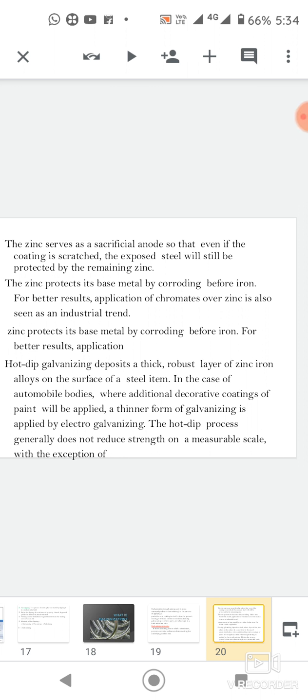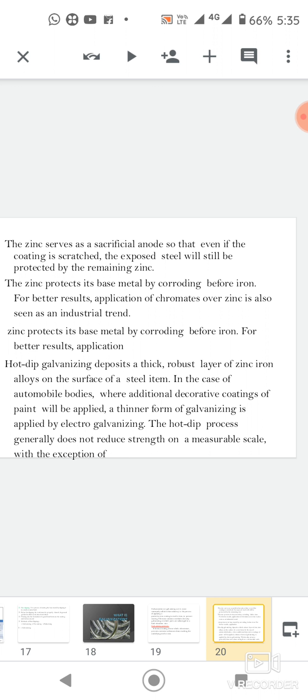Hot dip galvanizing deposits a thick, robust layer of zinc iron alloys on the surface of a steel item. In the case of automobile bodies, where an additional decorative coating of paint will be applied, a thinner form of galvanizing is applied by electro galvanizing.